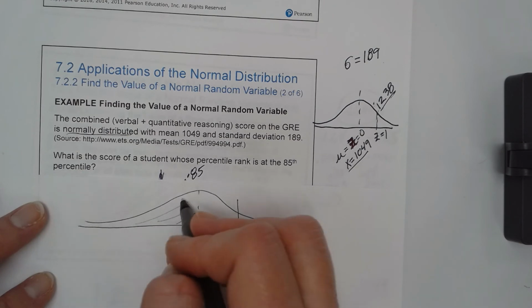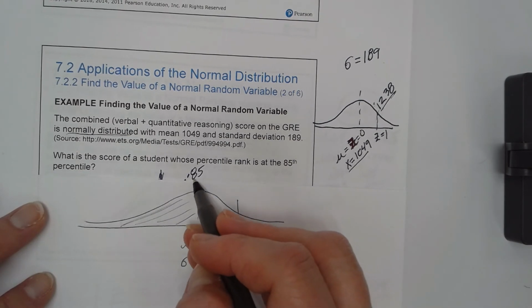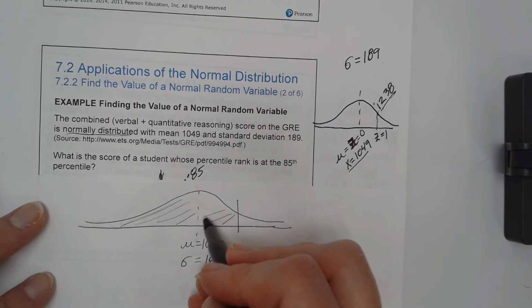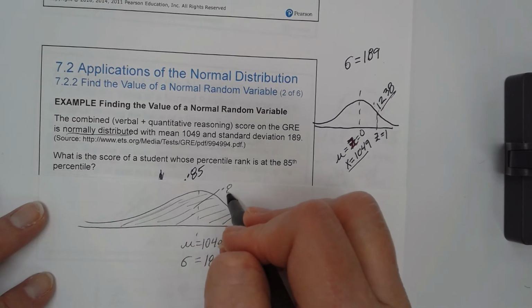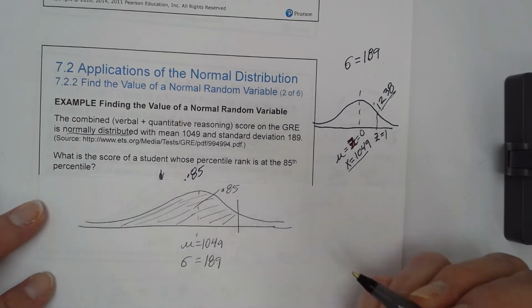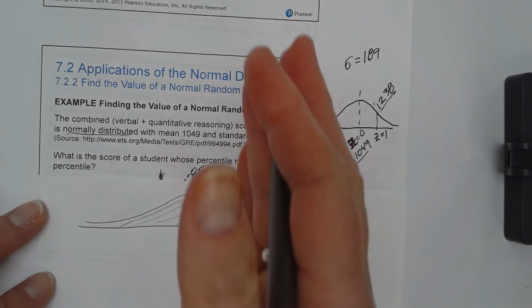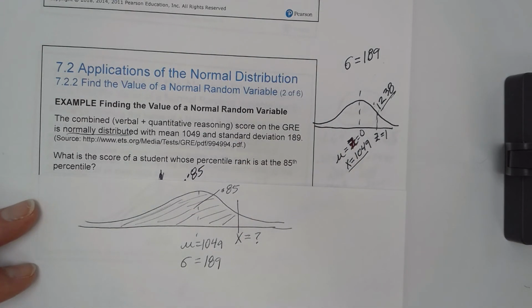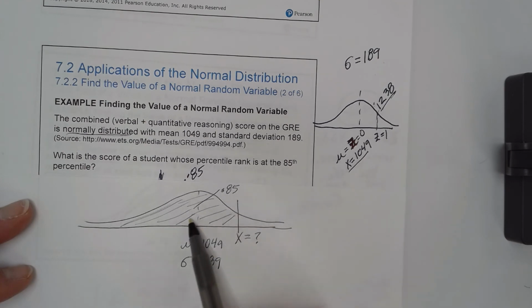So how much more do we have over here? Another 35%. So this area is 85% or 0.85. What we want to know is what's the cut point there? What is that student's score in order for them to be in the 85th percentile?